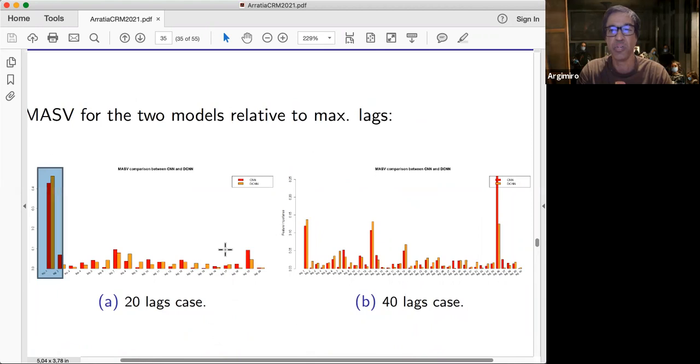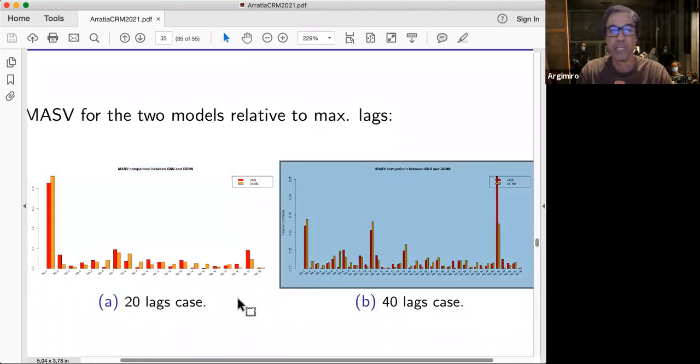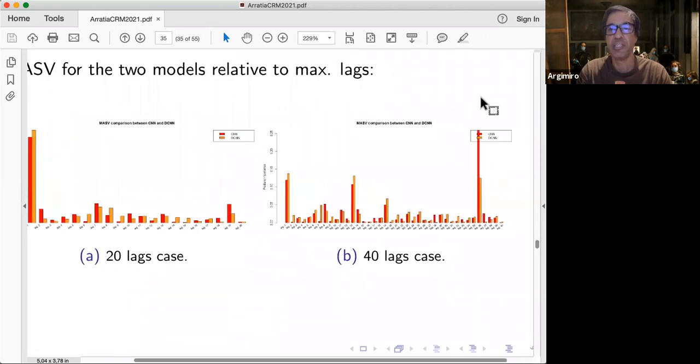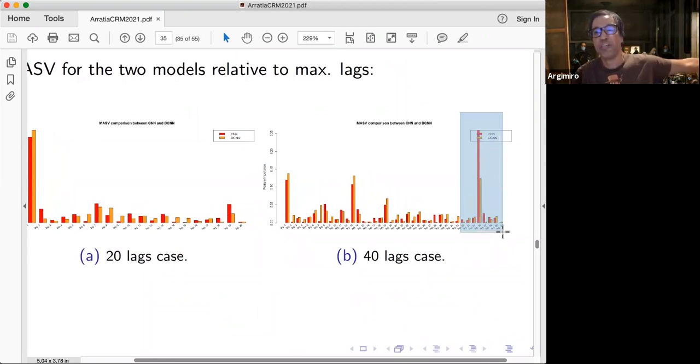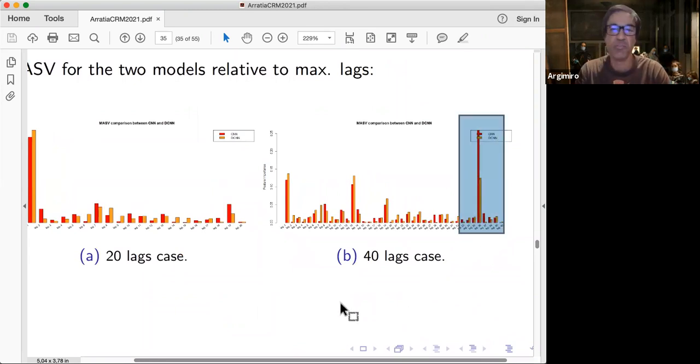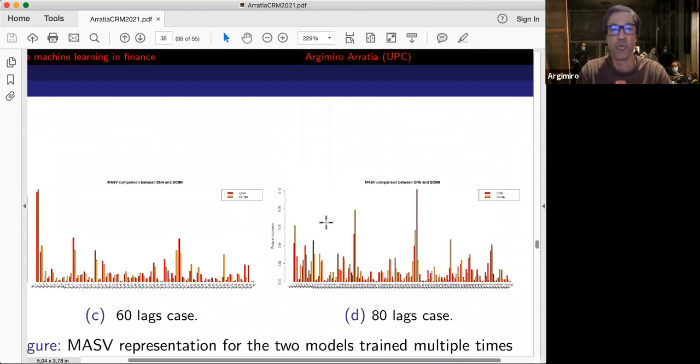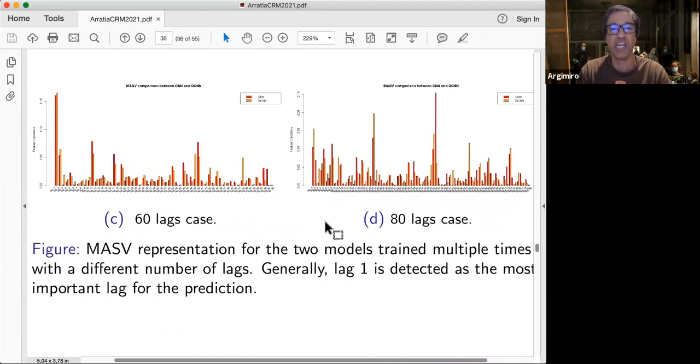That's usually the case. But then, as we amplify the lags, you see that the CNN gives too much importance to far away lags, which is ridiculous, whereas the DCNN is actually using the past values more intelligently, and this improved with the 60 lags.